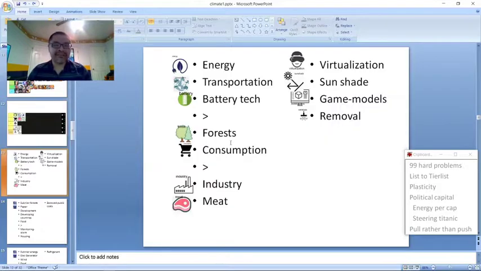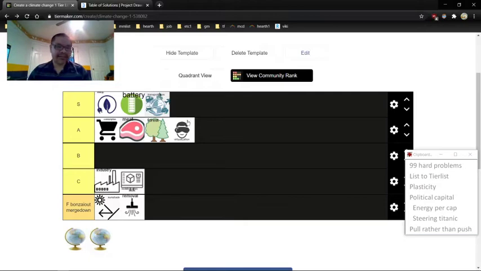And then we have forest, consumption, industry and meat. So consumption, meat, forest, and industry. Industry doesn't seem to be as contributive as transportation or energy.